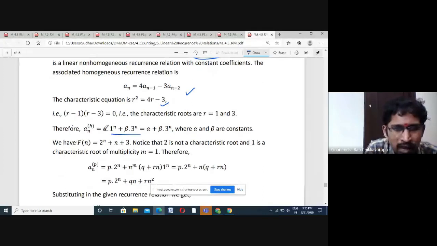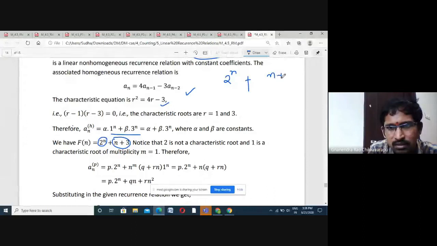You need to concentrate on a_n^p. You all know how to write a_n^h. Concentrate: two types of functions are there in a sum. 2 power n is there, and n plus 3 is also there, so I am telling you how to write it. Its contribution in a_n^p will be A into 2 power n into n power s.